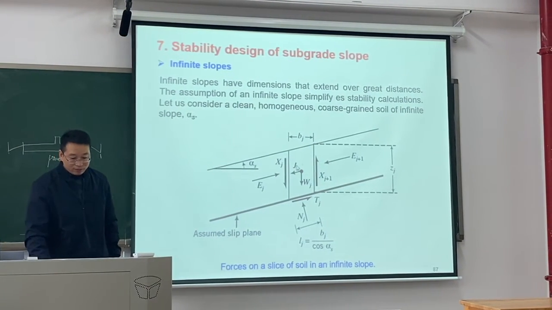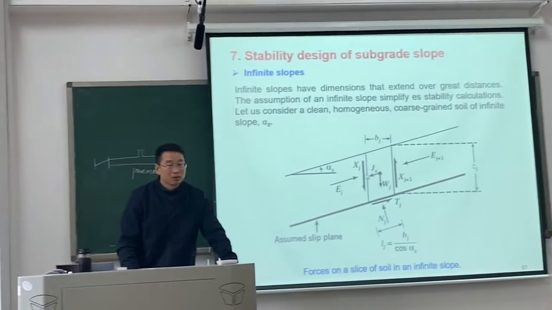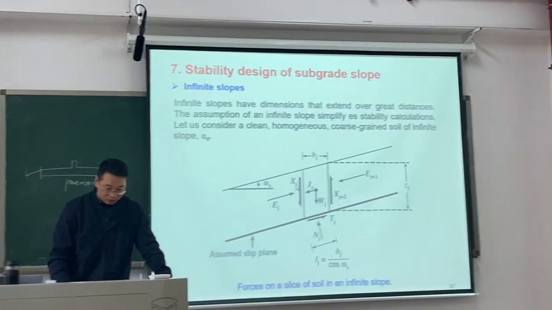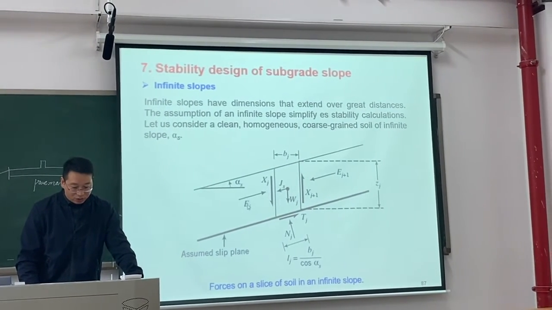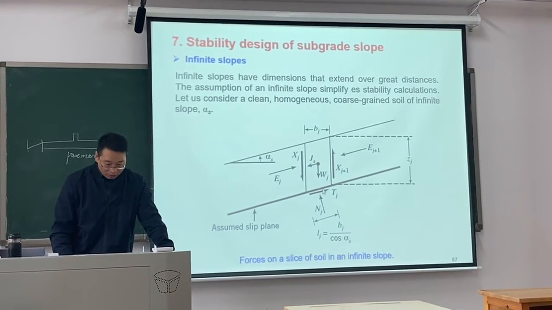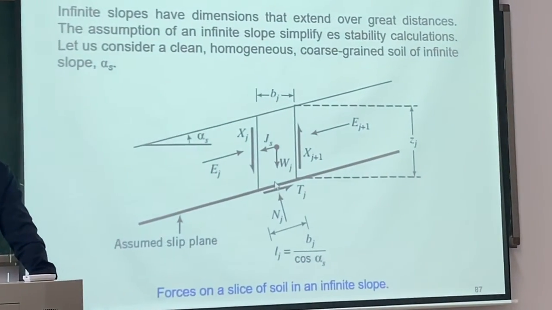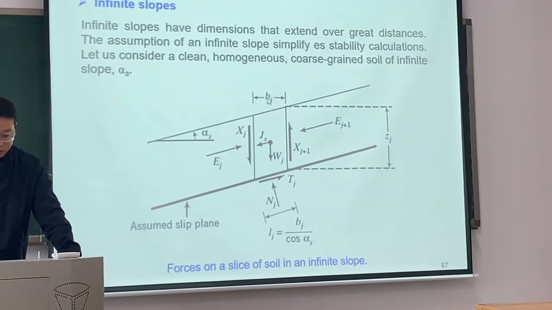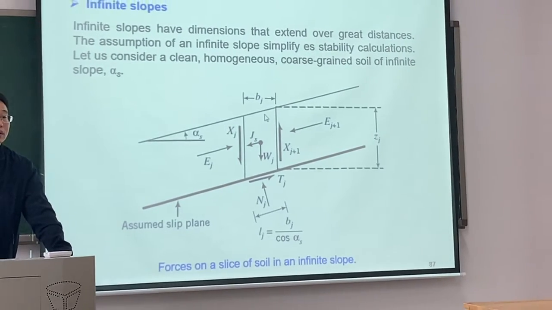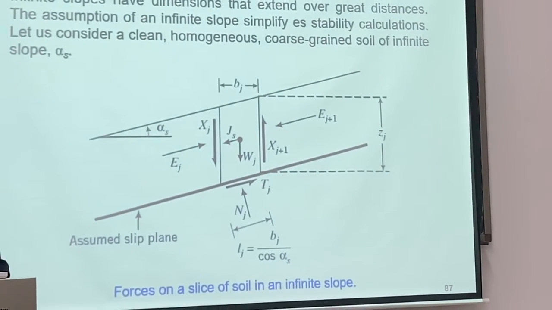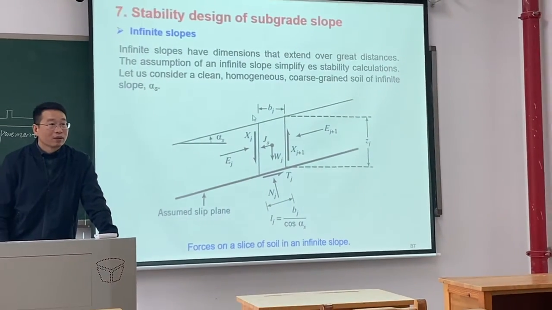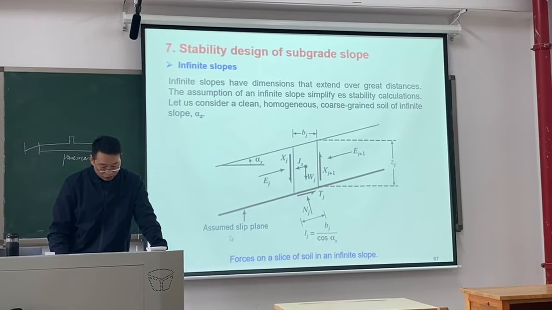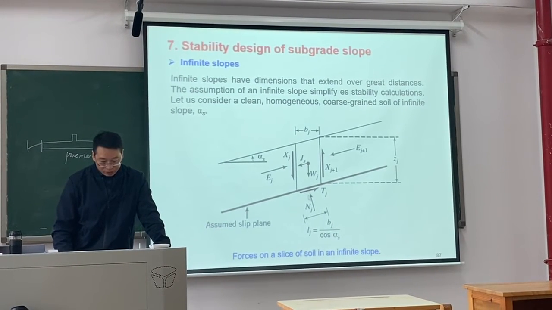On the two sides of the slice, left and right, there are X and E. And on the base of the slice, they have N and T, and b is the width of the slice. Commonly, we can use b as 1 meter. This is the assumed slip plane.